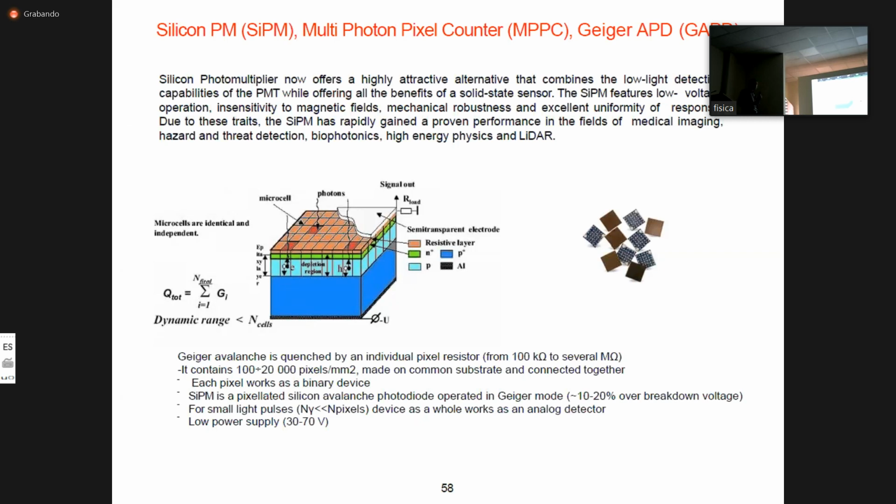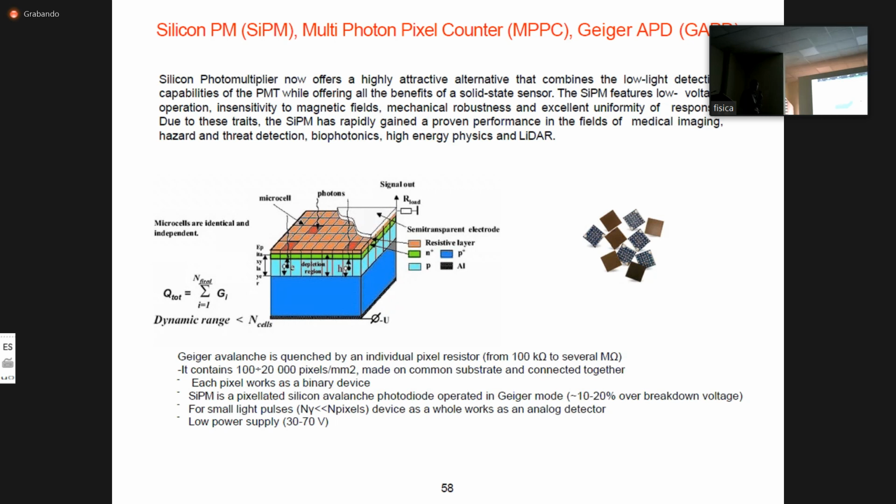When one photon strikes a pixel, you can measure the signal which it creates. If you have two photons, for example, the second one hits a nearby pixel and also creates a signal. You simply sum all these pixels and get the signal, which is proportional to the original number of photons.